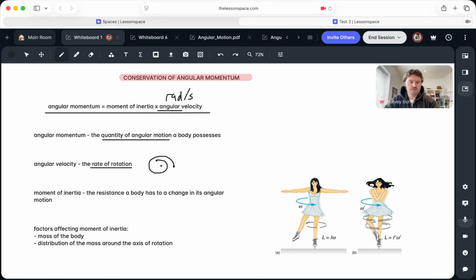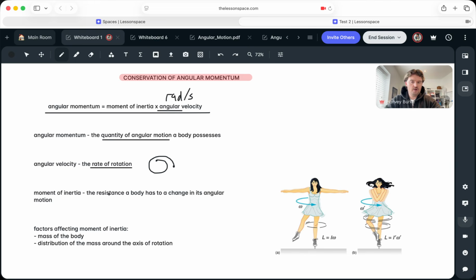And radians, they're a bit like degrees. They're not exactly degrees, but radians is just measuring the amount of rotation that has happened over a given amount of time. So angular velocity is the rate of rotation. If something's travelling at high angular velocity, it will be spinning really quickly, and that's measured in radians per second.